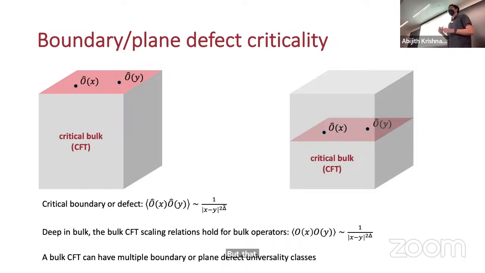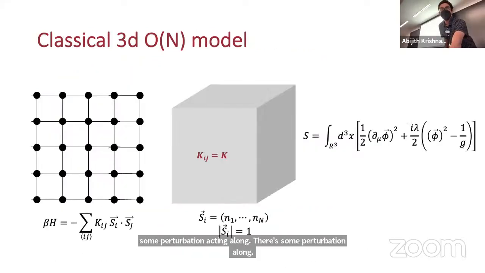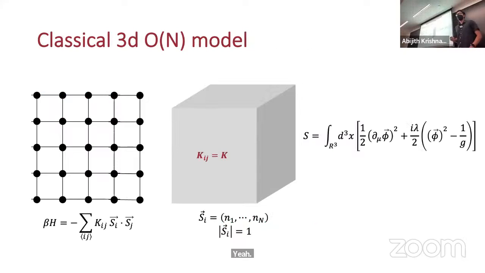I'll talk about the specifics of what it looks like for the 3D Ising model. In general, you should think of it as just some perturbation acting along the plane. And it's local operators on the plane.